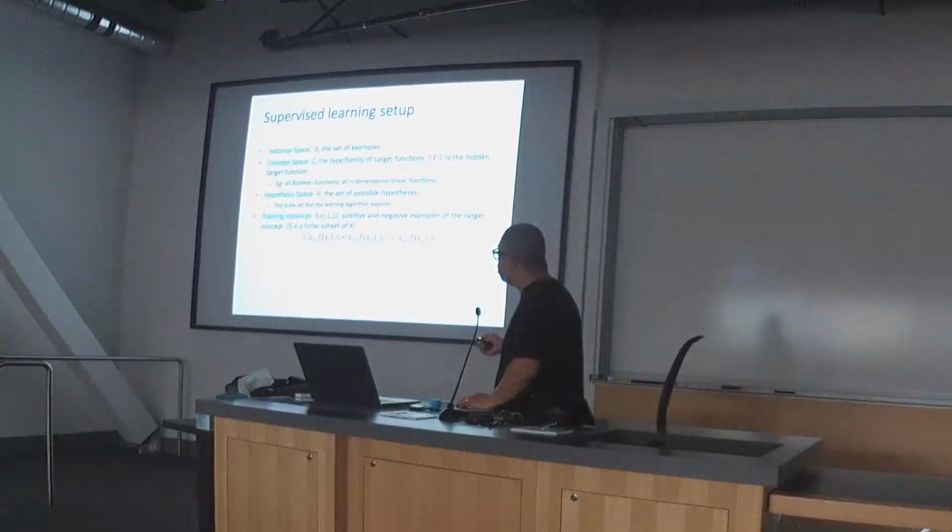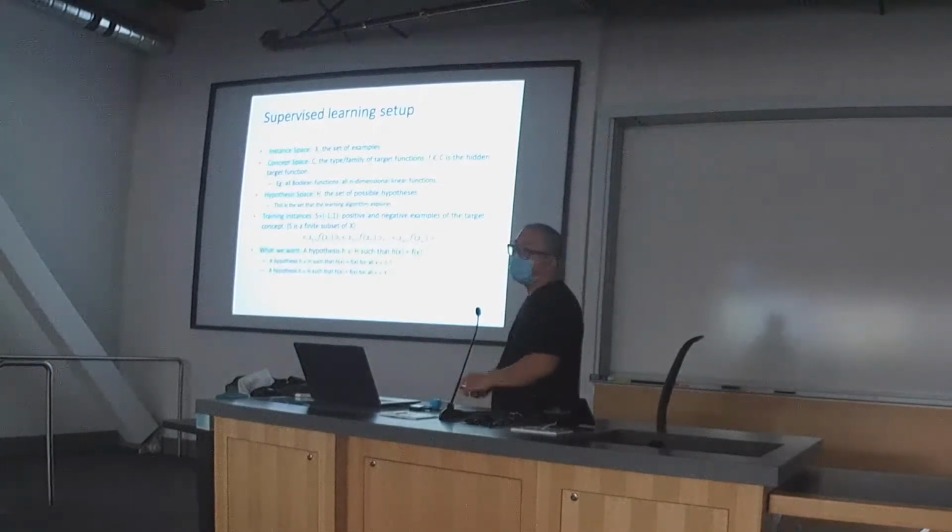Then we have training instances, which are a list of pairs, right? Pairs of instances from the instance space and the labels provided by the target function. And what we want is to apply a hypothesis from the hypothesis space such that the prediction made by the hypothesis is the same as the prediction made by the target function.